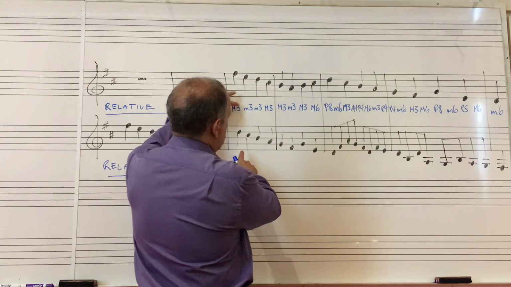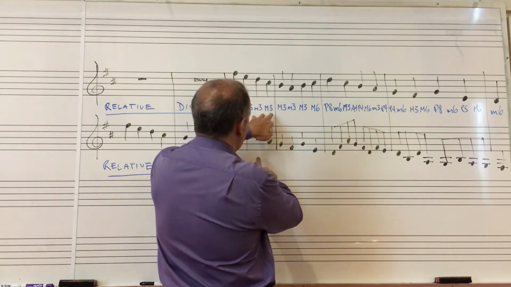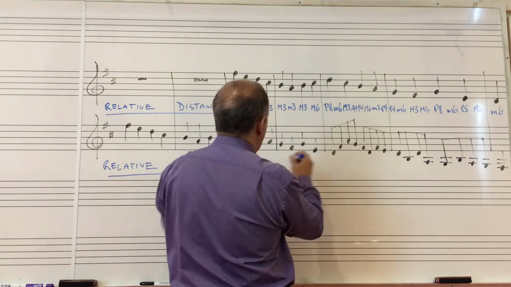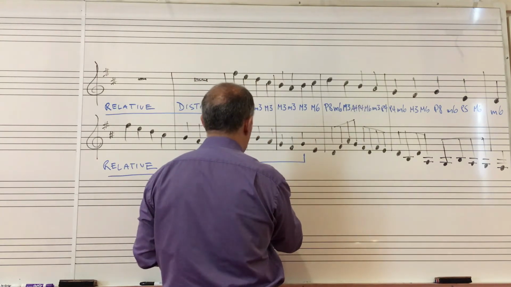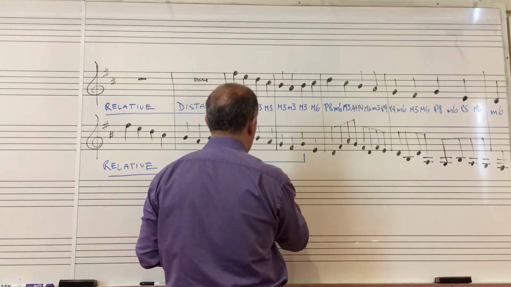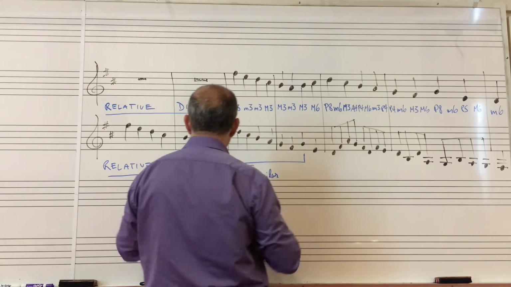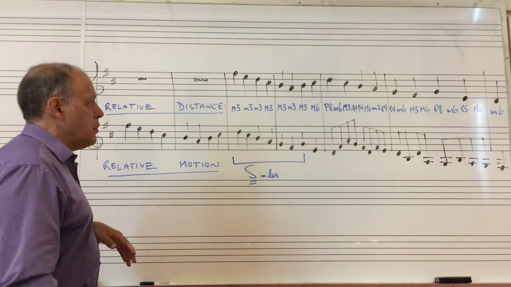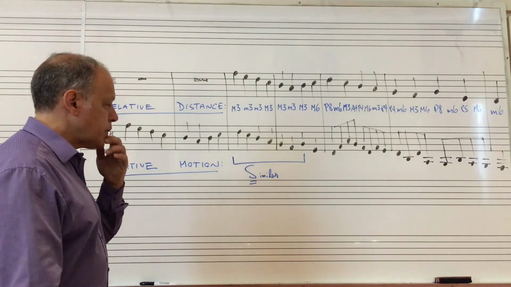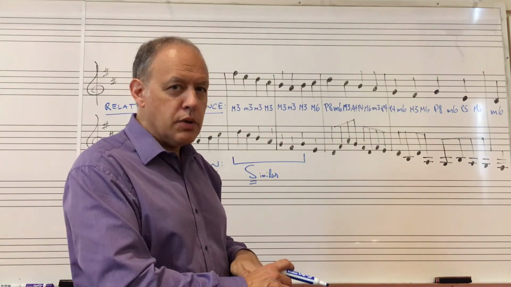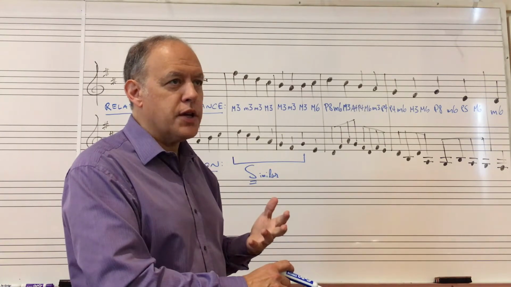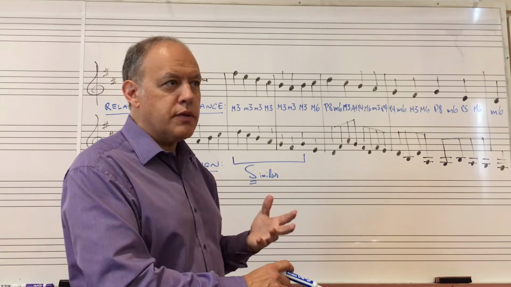So as we can see through our readout of relative distance, up to this point in time, S for similar, the relative motion between parts is kind of ensuring that things will blur into each other, and it's going to be hard for us to hear this notion of canonic imitation.